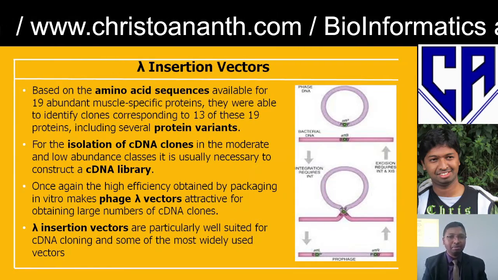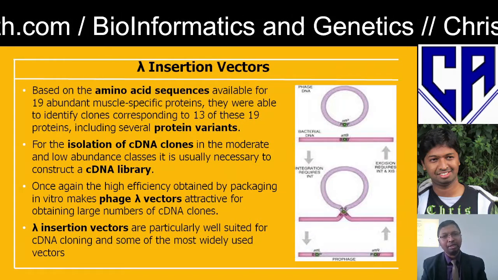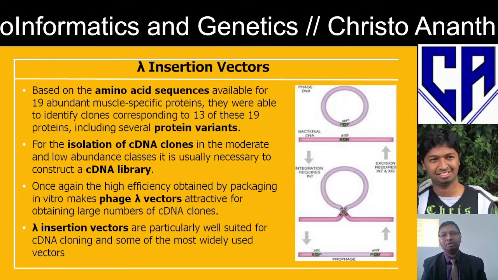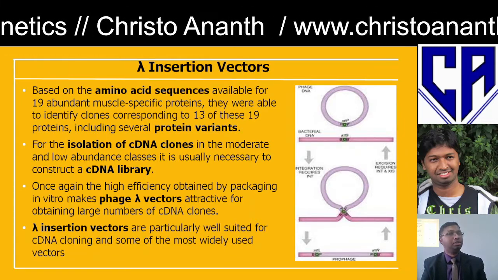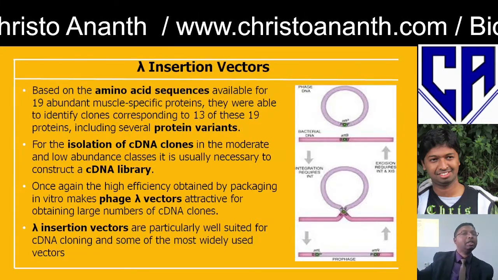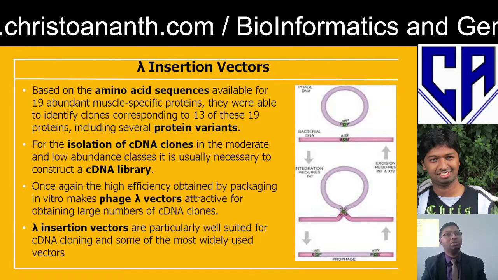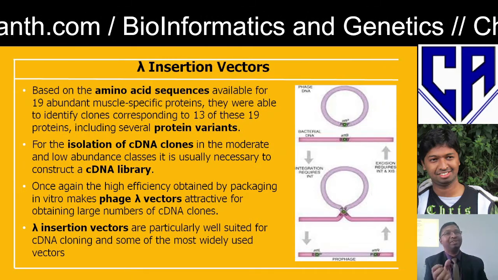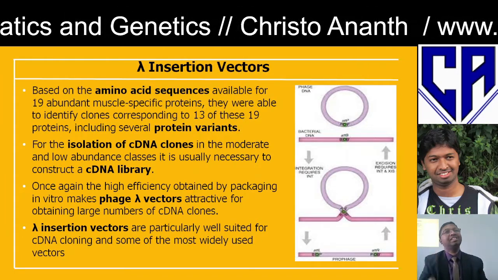Based on the amino acid sequences for 19 abundant sequences, we were able to identify 13 out of 19 proteins, and that is only because of the insertion into lambda insertion vectors. So you insert the vectors and you isolate the genes associated.